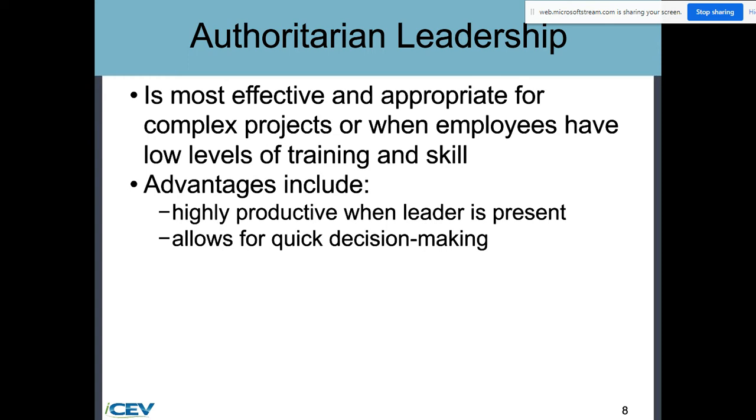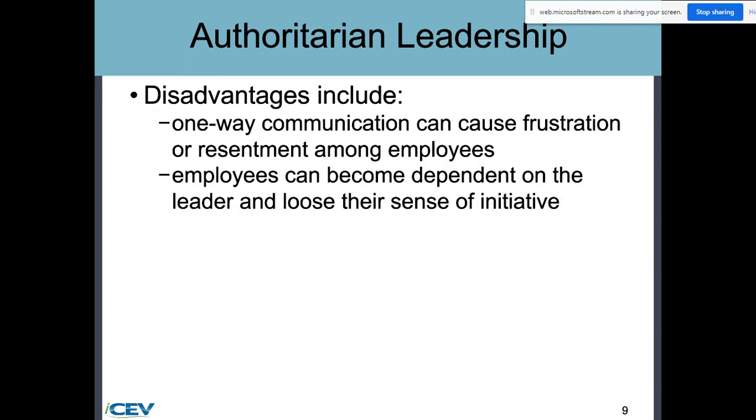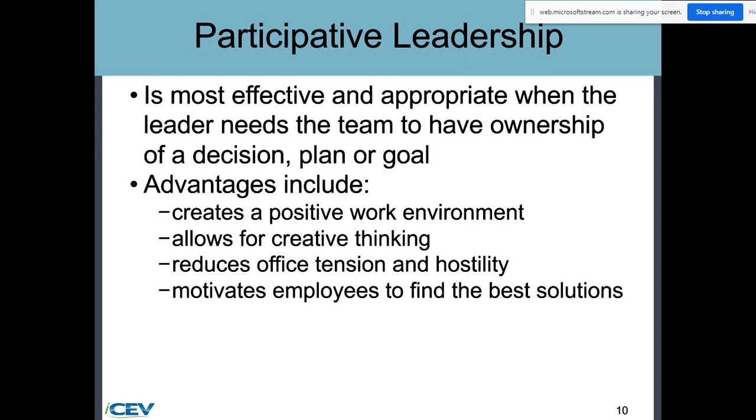The advantages of authoritarian are that it's highly productive when the leader is present and allows for quick decision making. But there are disadvantages. One-way communication can cause frustration or resentment among employees, and employees can become dependent on the leader and lose their sense of initiative. Okay, so they don't feel like they accomplish anything and that it all goes towards the leader.